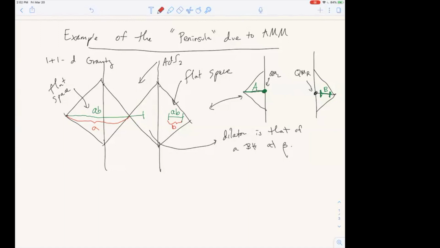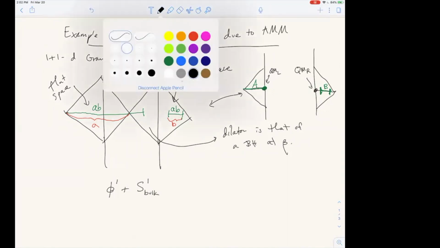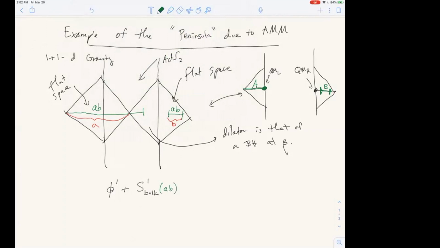And the way you find this is you solve the quantum extremal surface equation. For those of you that don't know that, I'll just tell you. In higher dimensions, what you try to do is extremize a functional. That functional is the generalized entropy, which is area over 4G plus S bulk. In 1+1D, the dilaton plays the role of the area term. So what we want to extremize is the following quantity. And here it's S bulk of AB.